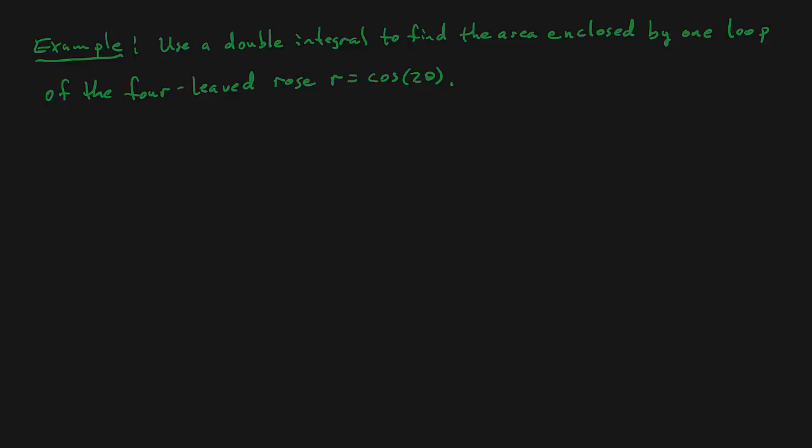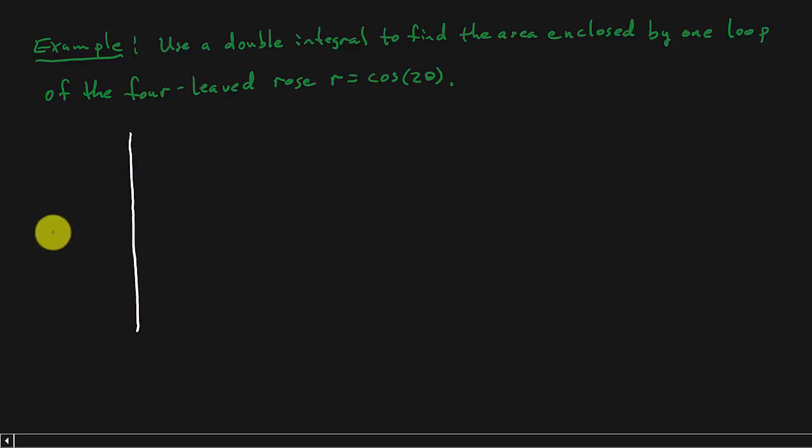All right, so let's sketch that. Remember, if you're in the Stewart book, it was back in chapter 10 when we worked with polar coordinates, and you actually graph those polar equations. This is a four-leaved rose. If we sketch the graph, you will get something like this.